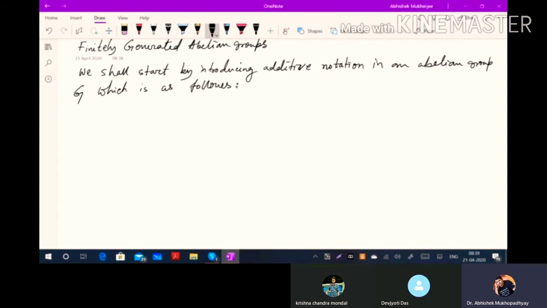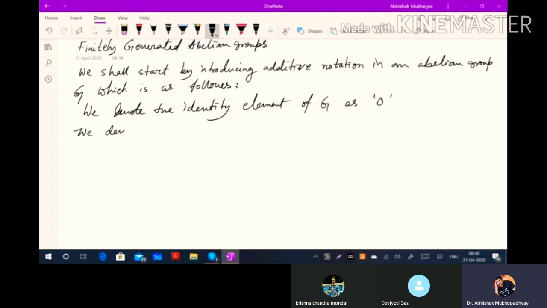If we consider an abelian group, then we will introduce the additive notation for the binary composition, and for that reason we denote the identity element of G as 0.